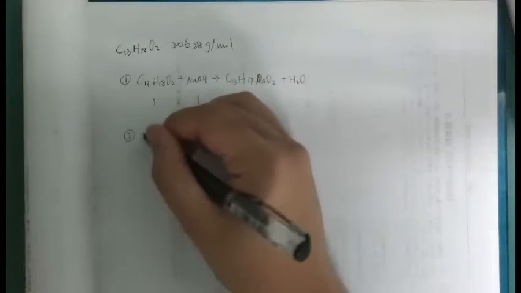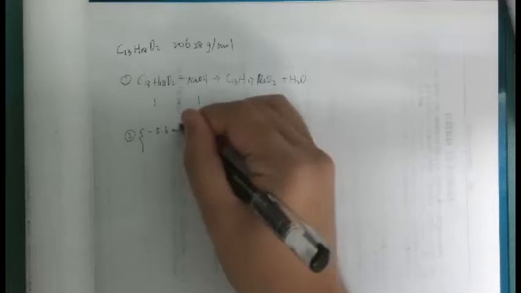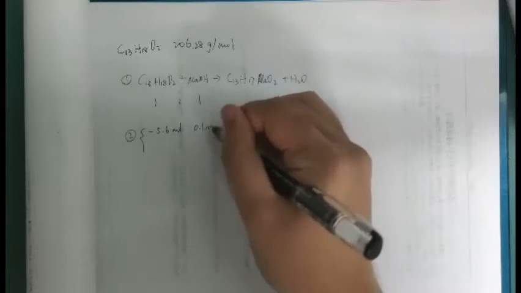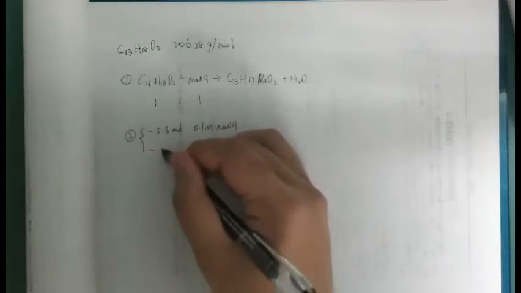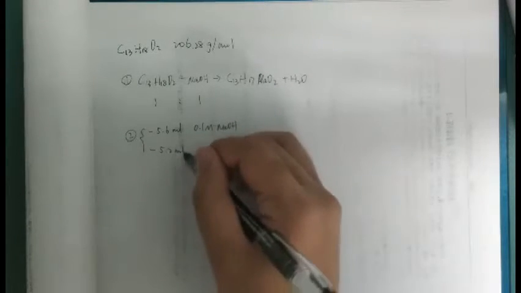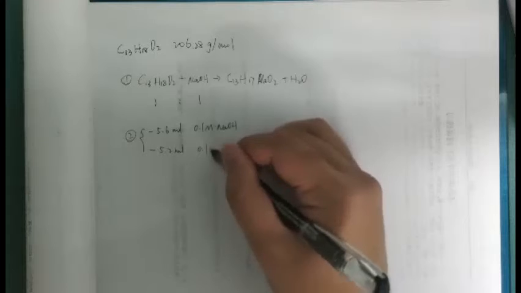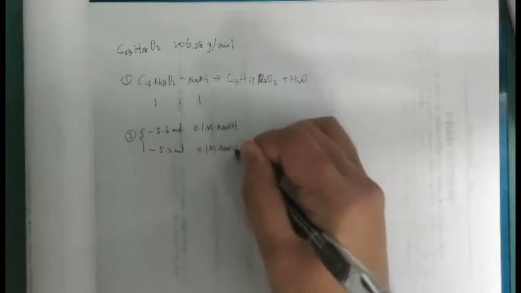So hence, for the first circumstance, we use 5.6 milliliter of 0.1 mole NaOH solution, and for the second circumstance we use 5.2 milliliter of 0.1 mole NaOH.